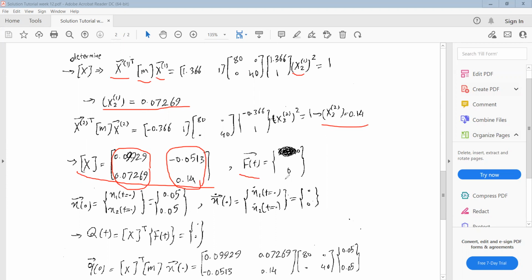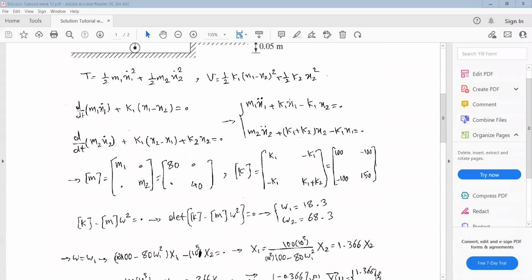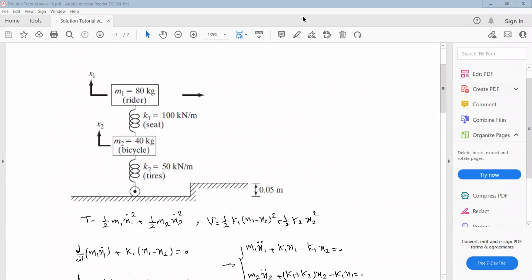The vector ft is 0, but we have some initial condition. Here in the system we considered this change in the displacement in the initial condition.